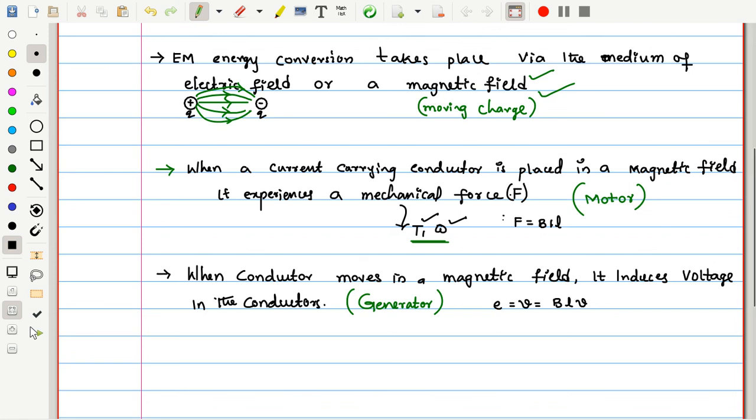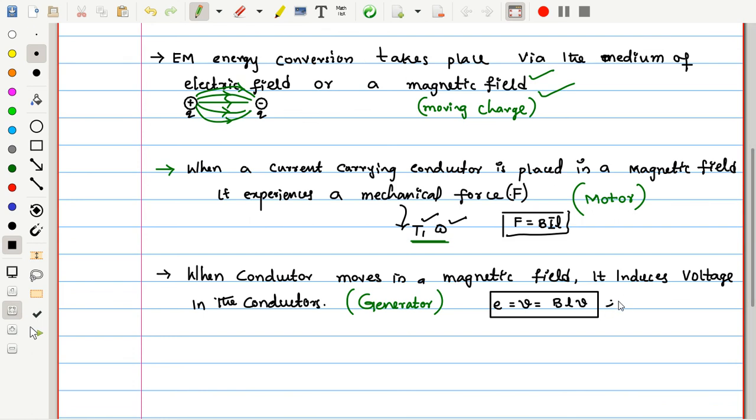These are just basic expressions you should analyze clearly. The parameters associated with this force and the induced EMF are flux, current, length of the conductor, and the velocity at which the conductor is moving.